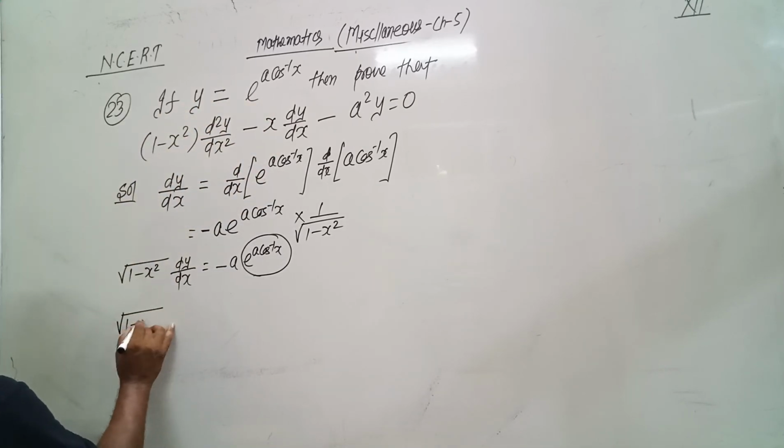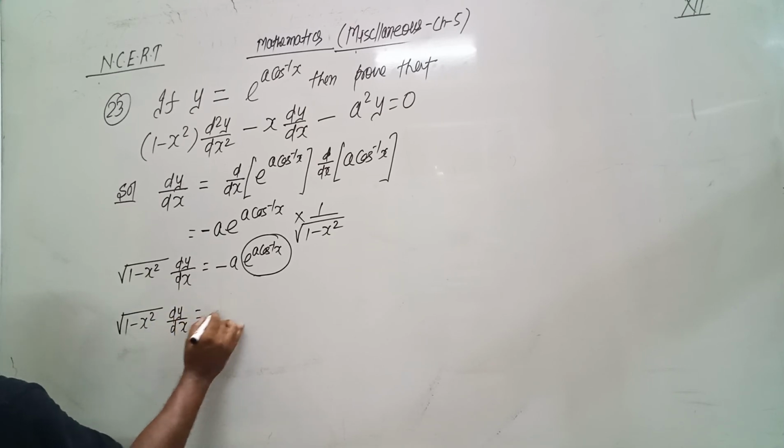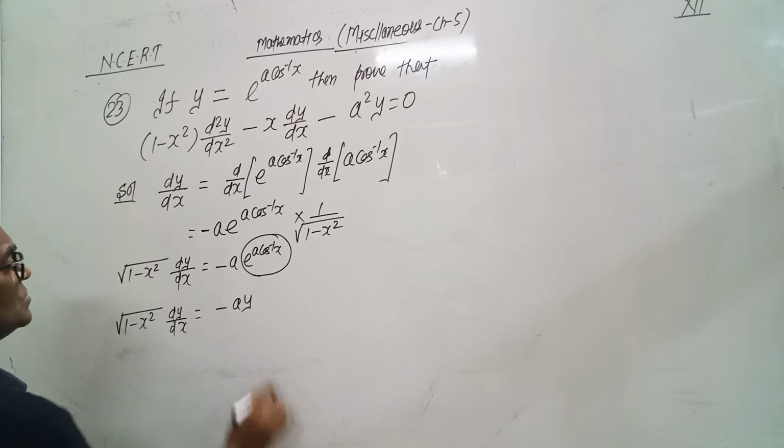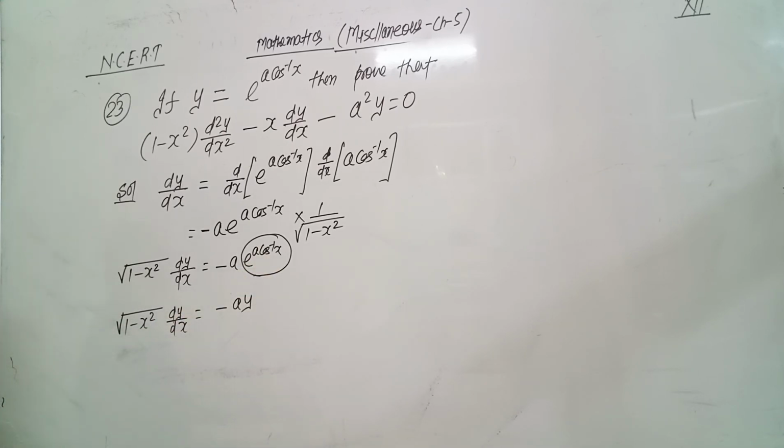So we write root of 1 minus x square dy/dx equals minus a into y.